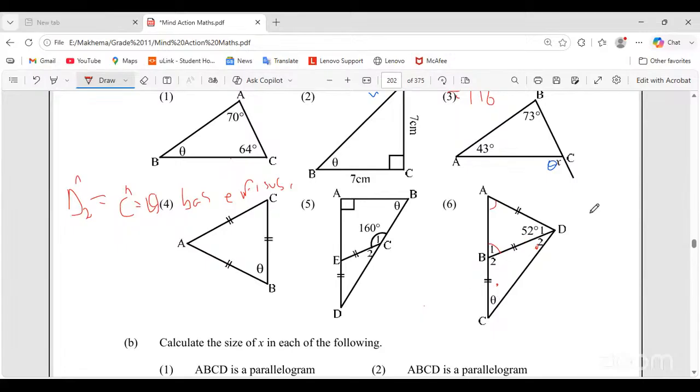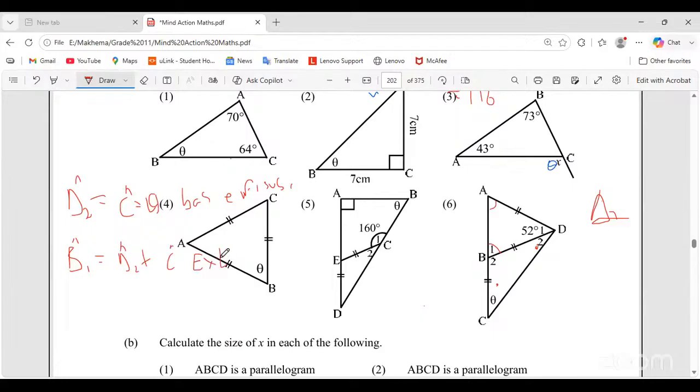If this is theta, now we go to that property that we talked about somewhere, that this angle is equal to this plus this. We have this line and this triangle here, so this angle will be equal to this angle plus that angle. Now we have angle B1 is equal to angle D2 plus angle C. Why?